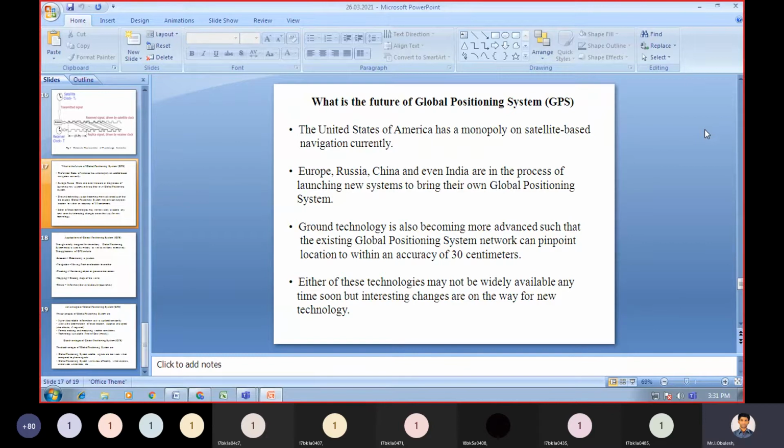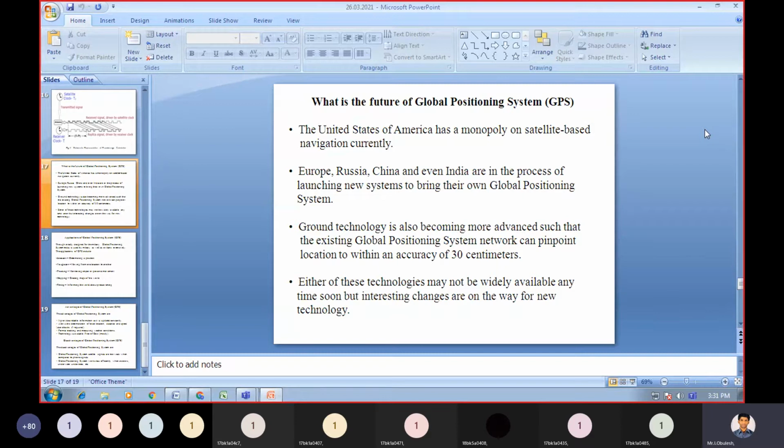Europe, Russia, China, and even India are in the process of launching new systems to bring their own global positioning system.